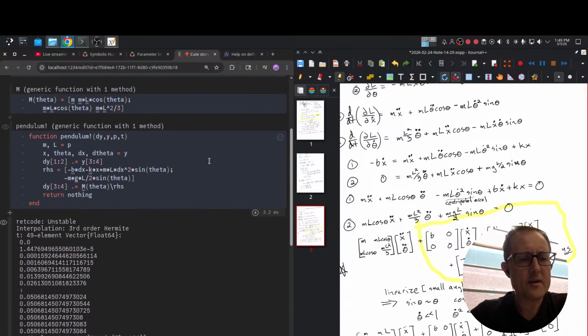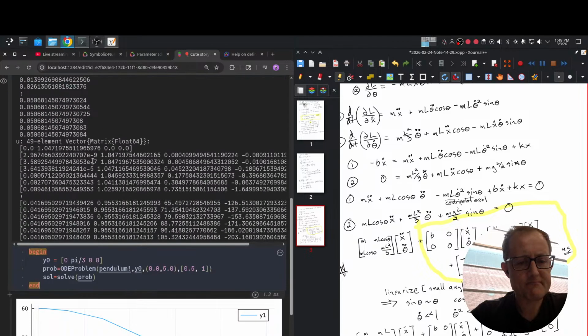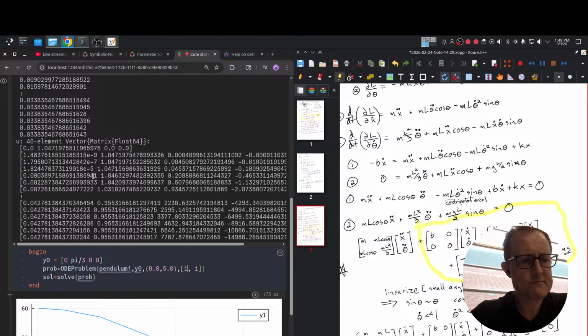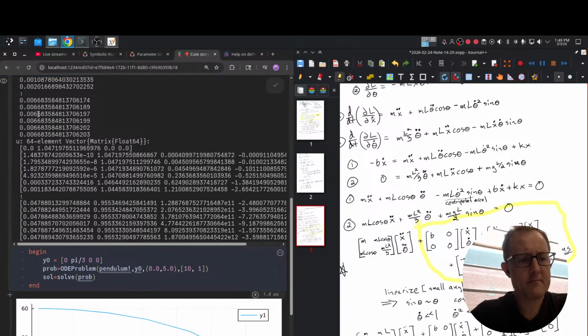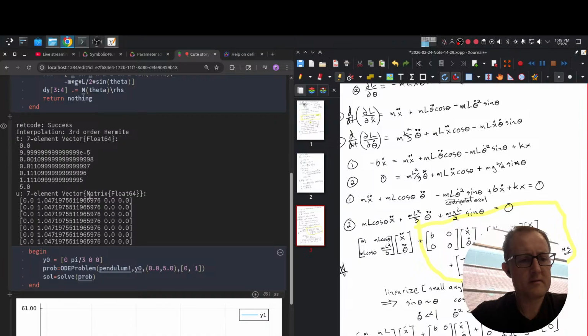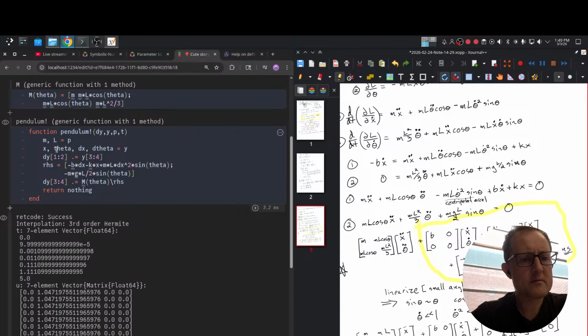Oh, and now I don't need those parameters, huh? I guess I can leave them. Oh, weird. What? How is the parameter affecting... Oh, because I'm plugging in the M here.